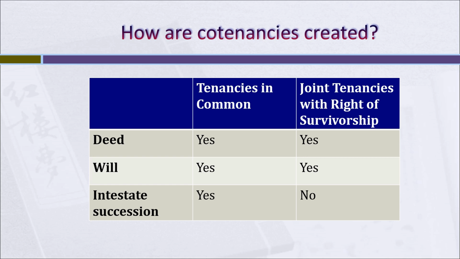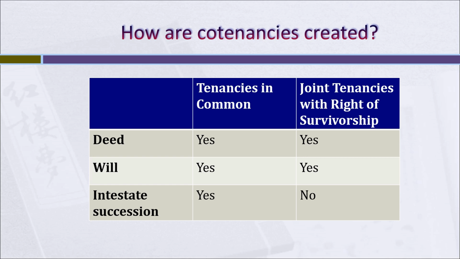But a joint tenancy with right of survivorship is different. It can be created by a deed or a will, but it cannot be created by intestate succession. The reason is simple. Intestate succession is governed by a statute in each state, and none of those statutes provide that when property passes to heirs, it passes as joint tenancy with right of survivorship.